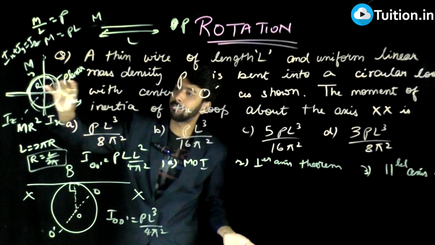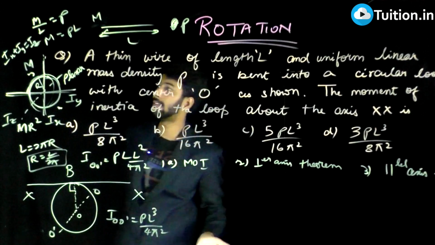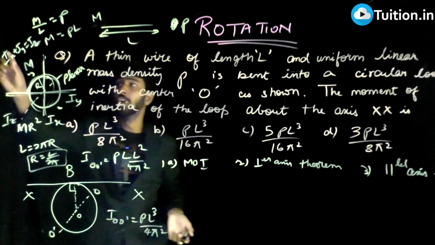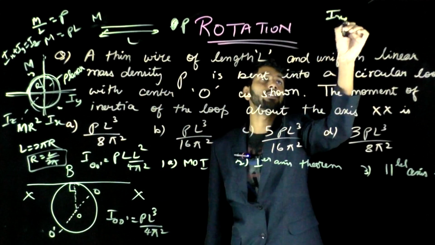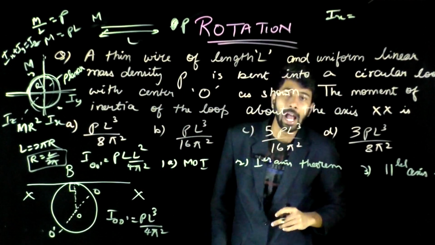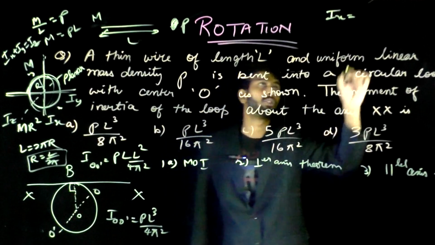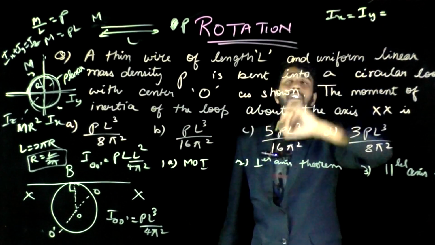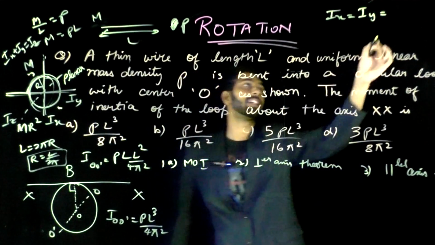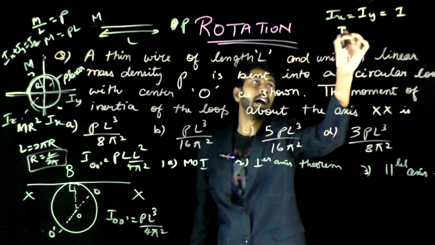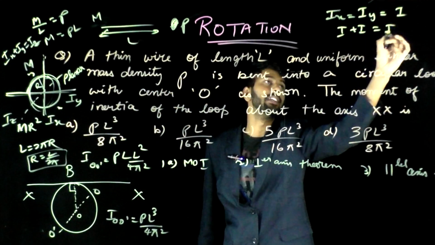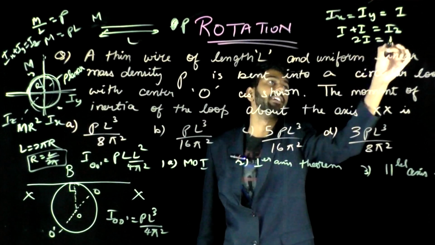So Ix equals Iy equals some I, because moment of inertia is all about mass distribution. Then I plus I will be Iz, so 2I will be Iz.